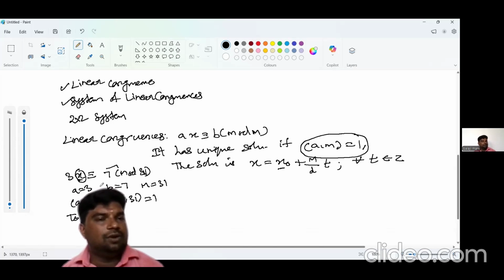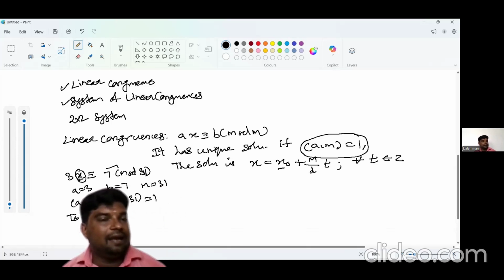Let me take x naught as 5, randomly. 3 fives are 15, and 15 is less than 31, so not divisible. Next we can take 10. 3 tens are 30, so 30 is not divisible by 31.